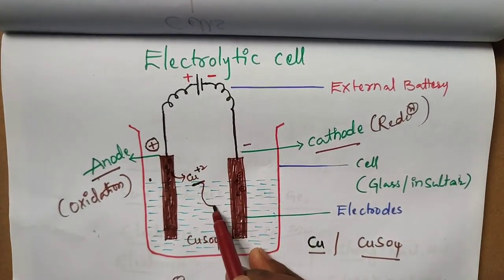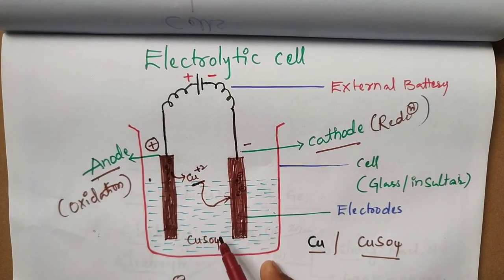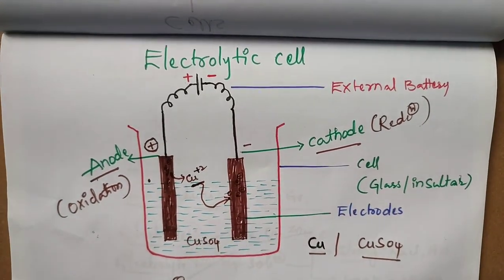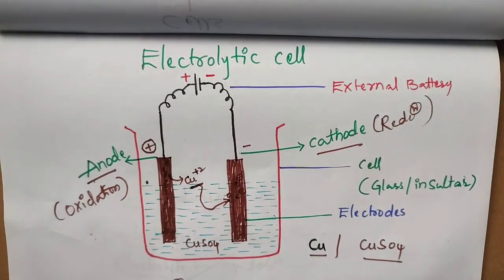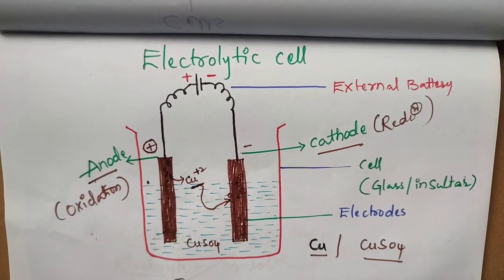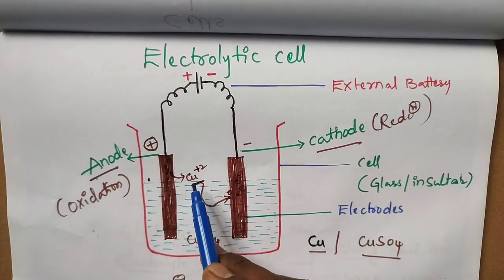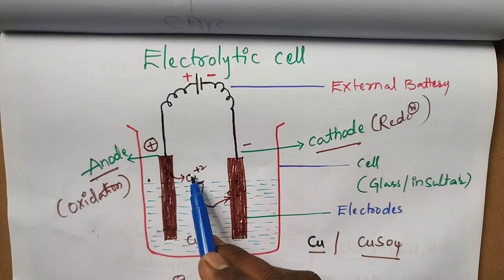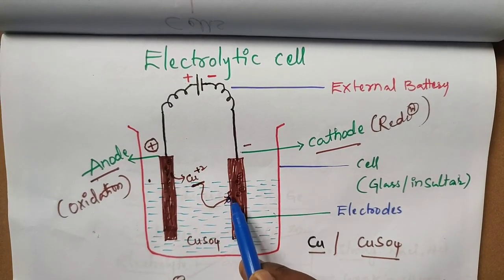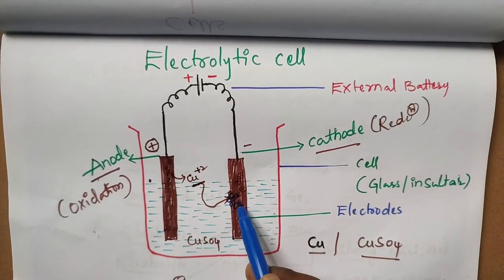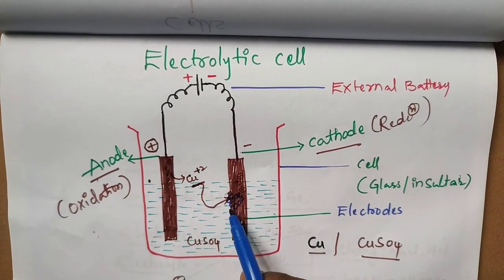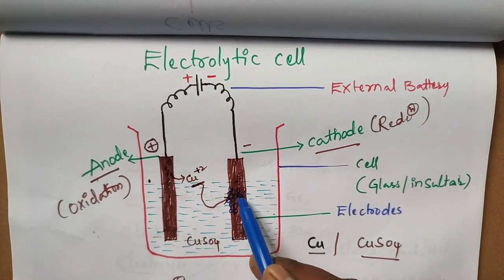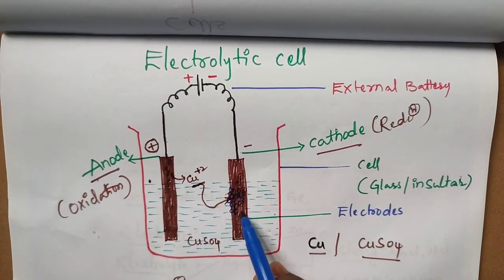These copper ions are going to occupy the surface of the cathodic electrode. The cathodic electrode surface is occupied by Cu plus 2 ions.